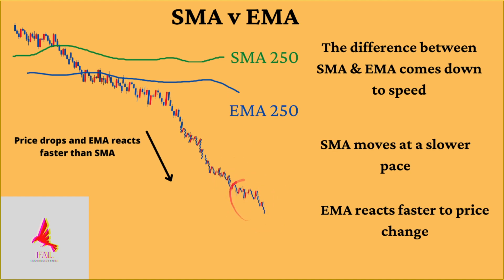So this has a larger say in the average compared to the old price data, as we saw up here. So it's going to factor in that price is going down or price is going up in the immediate term more so than the SMA. It's going to react faster to price change. The price drops. The EMA 250 reacts faster. Here we see the EMA 250 coming down while the SMA is still relatively flat.